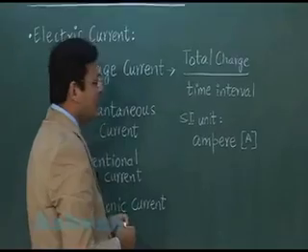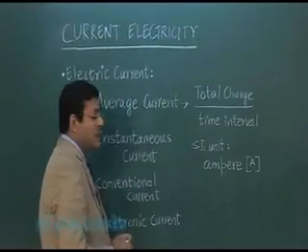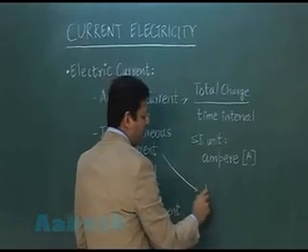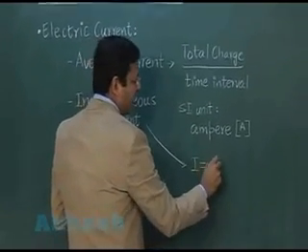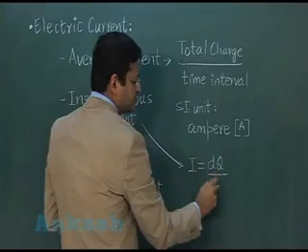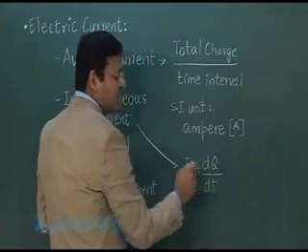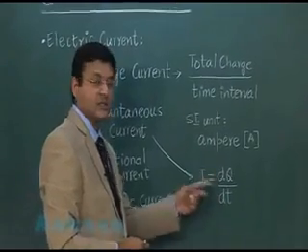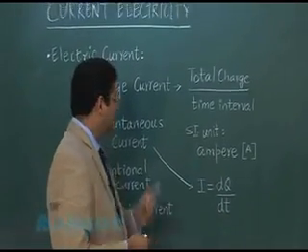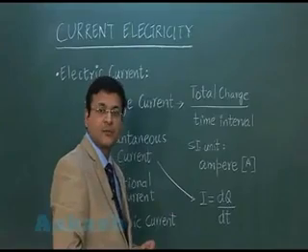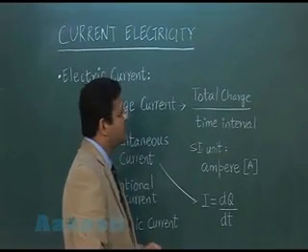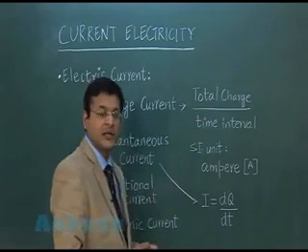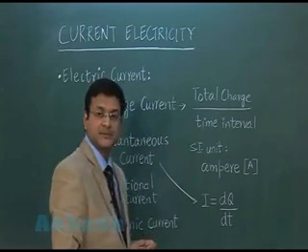Now, if you talk about instantaneous current, then this instantaneous current will be written as dq by dt. Q represents here charge and t is time, rate of flow of charge at any particular instant. That will be instantaneous current. For all practical purposes in our lecture, we generally talk about the average current and not the instantaneous current.